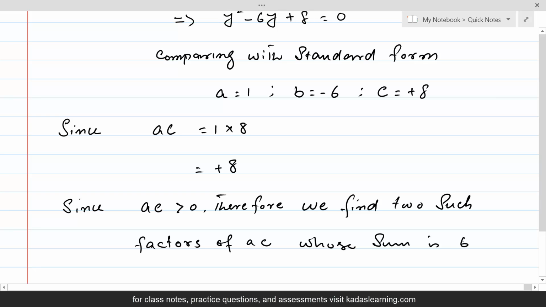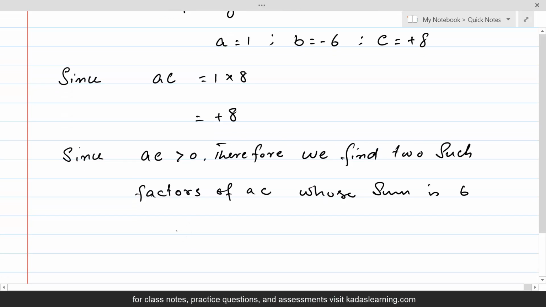So which ones are the 2 factors of 8 whose sum is equal to 6? Obviously 2 and 4. So y square minus 6y plus 8.